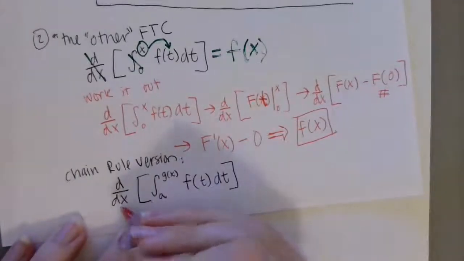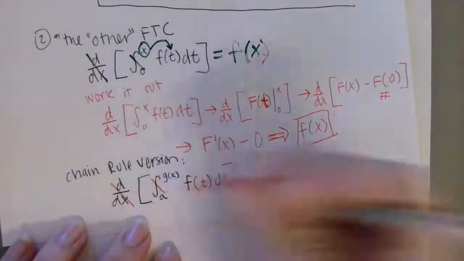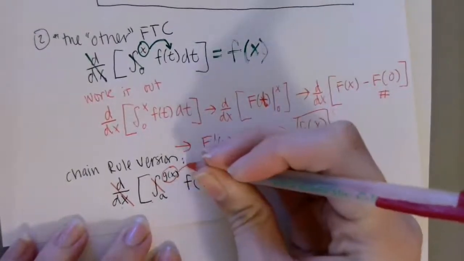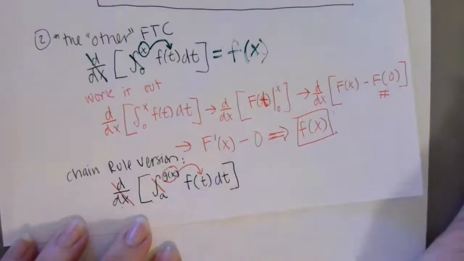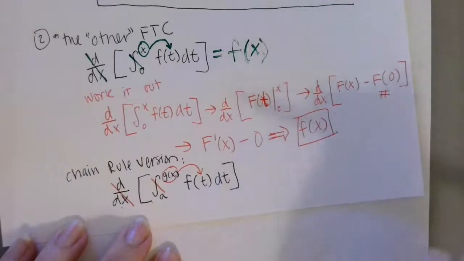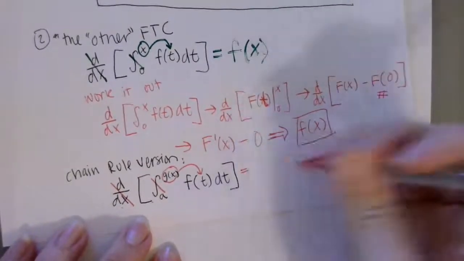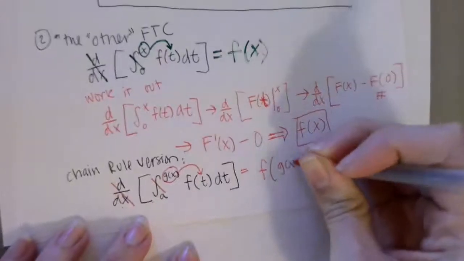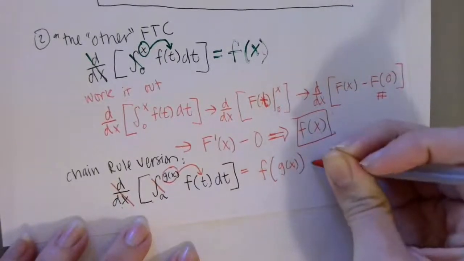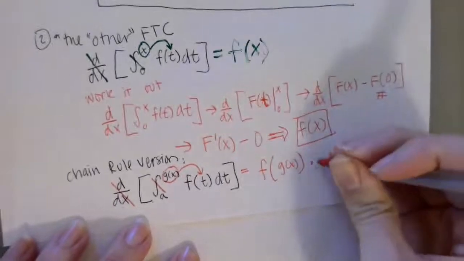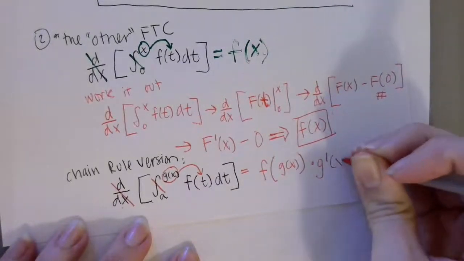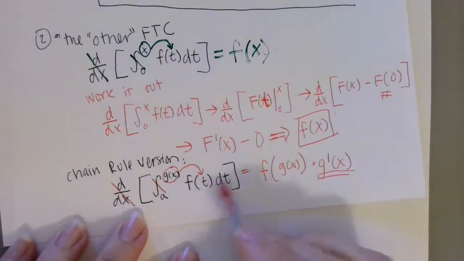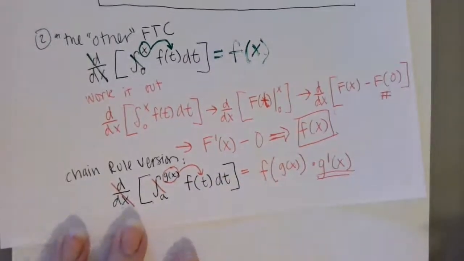The derivative and the integral cancel out. The bound that is a function gets plugged in, but then we have to account for the chain rule. So what we wind up with is f of g of x times g prime of x. You have to multiply by the derivative of the bound after you plug it in.